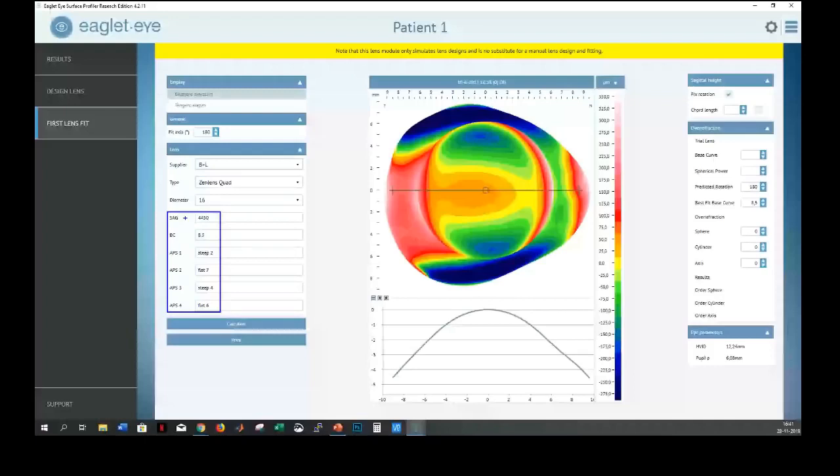So a SEC 4,450, base curve 8.5. The APS1 and the APS3 are the vertical meridians, so they are predicted as steep 2 and steep 4. And for APS2 and 4, so the flat meridian, a flat 7 and a flat 6.